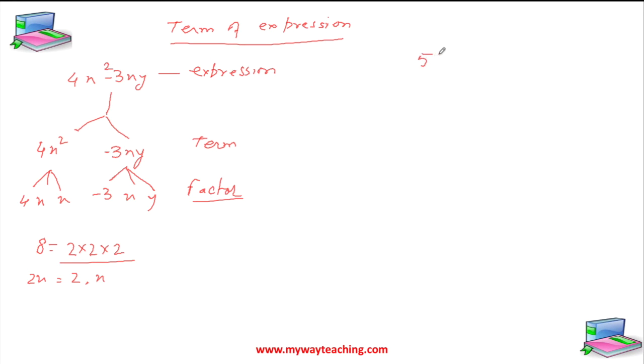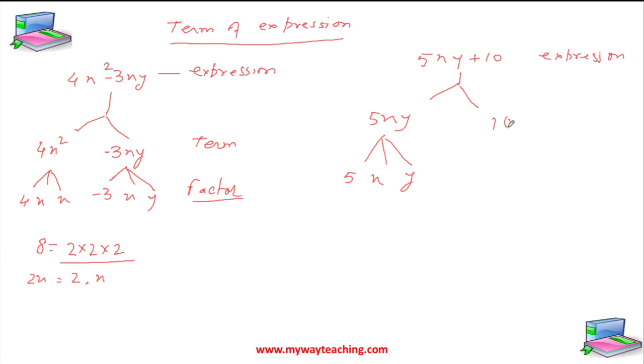Now let us understand another expression. If we say 5xy plus 10, what are our terms? This is the expression. The terms are 5xy and 10. 10 is a constant, so there is no factor. Again, for 5xy the factors are 5x and y.